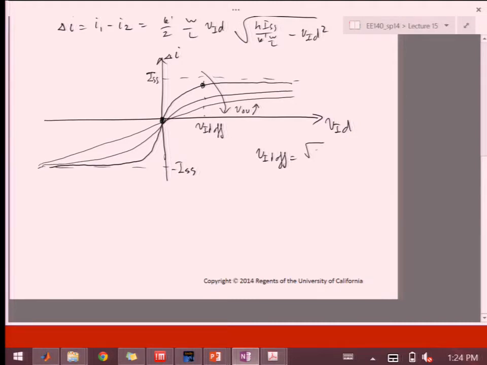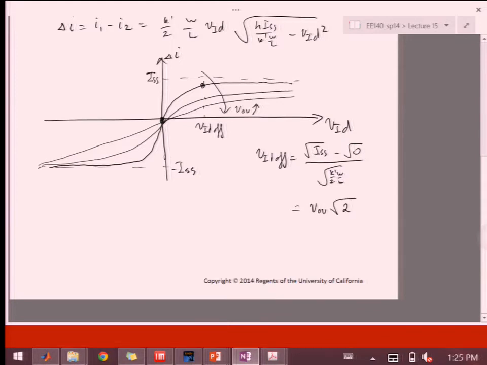So the way we're going to define this VID off is exactly that. If all the current is flowing through one transistor, then that current is ISS. The other one is 0. And then we have this K prime over 2 W over L. So if you look at this, this is really V overdrive times a square root of 2.